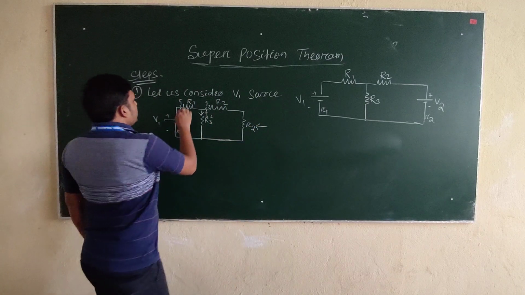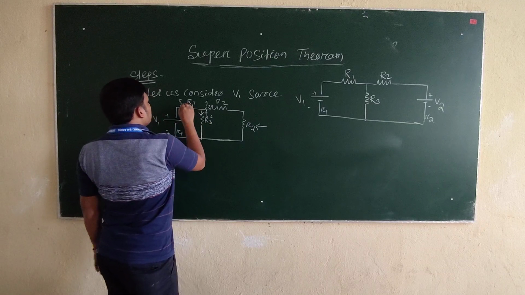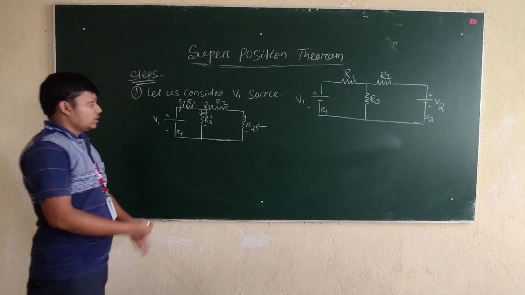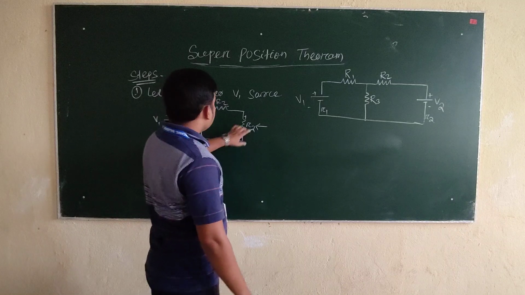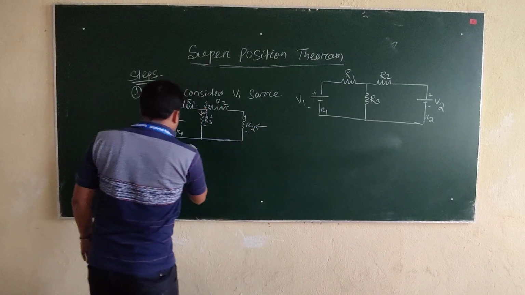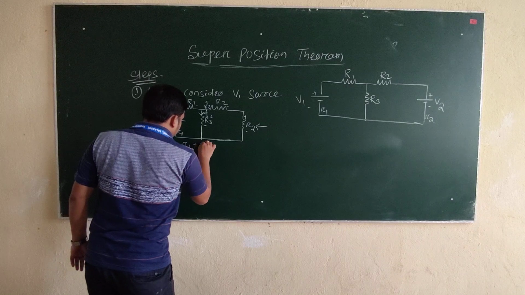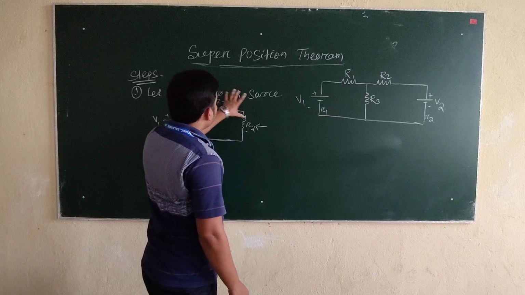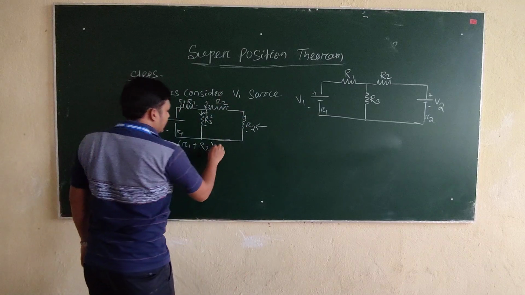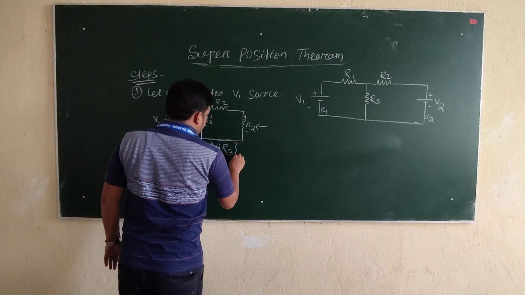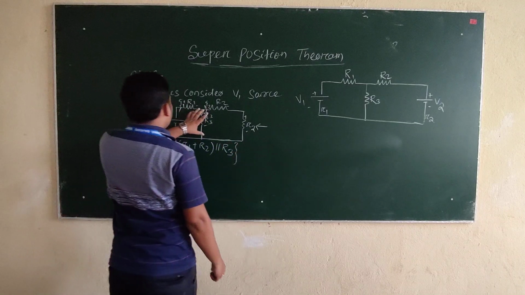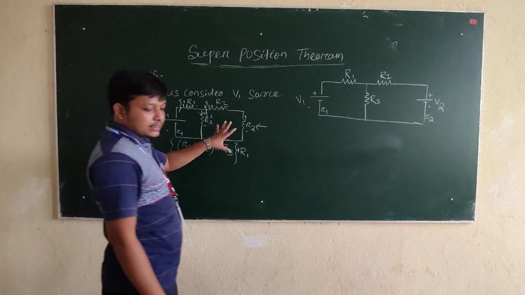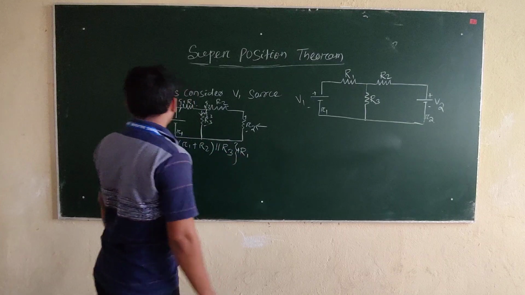First, the R2 and R2 are in series. Next, these two are in parallel with R3. Then the whole resistance of these three is in series with R1.